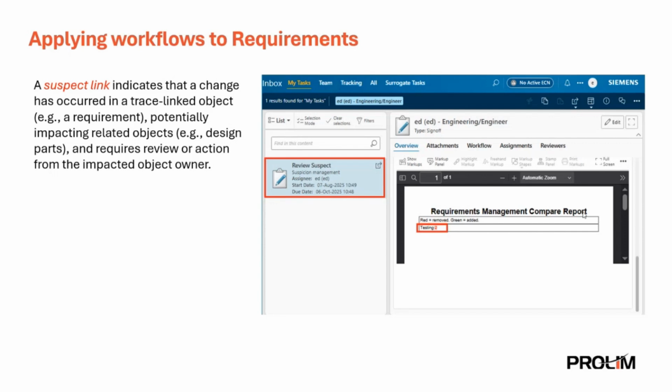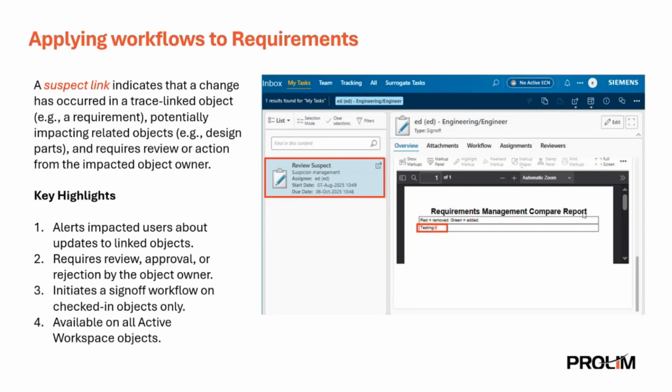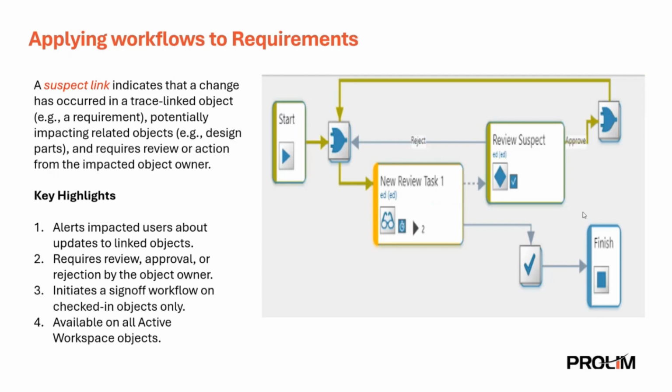Also, only checked in objects can send notifications, and objects that are released or denied access won't send these alerts. So, when a requirement changes, the system automatically starts a workflow that notifies the related owner. They get the message in their inbox with a report showing what changed, and the owner can then add comments and either approve or reject the change.